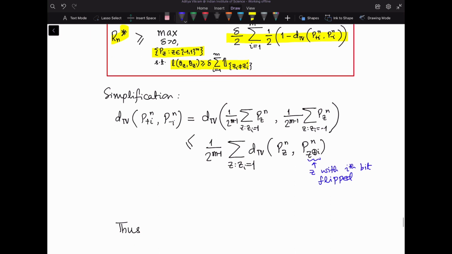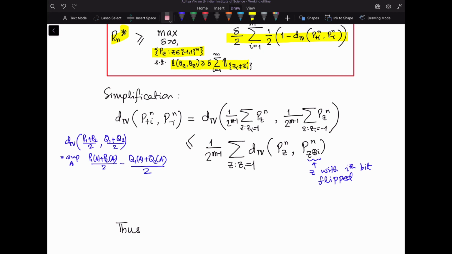So how do you get this? One way is using the supremum definition of total variation distance. Let's take a simpler example: the total variation distance between p1 plus p2 by 2 and q1 plus q2 by 2. This is just the supremum over all events A of p1 of A plus p2 of A by 2, minus q1 of A plus q2 of A by 2.